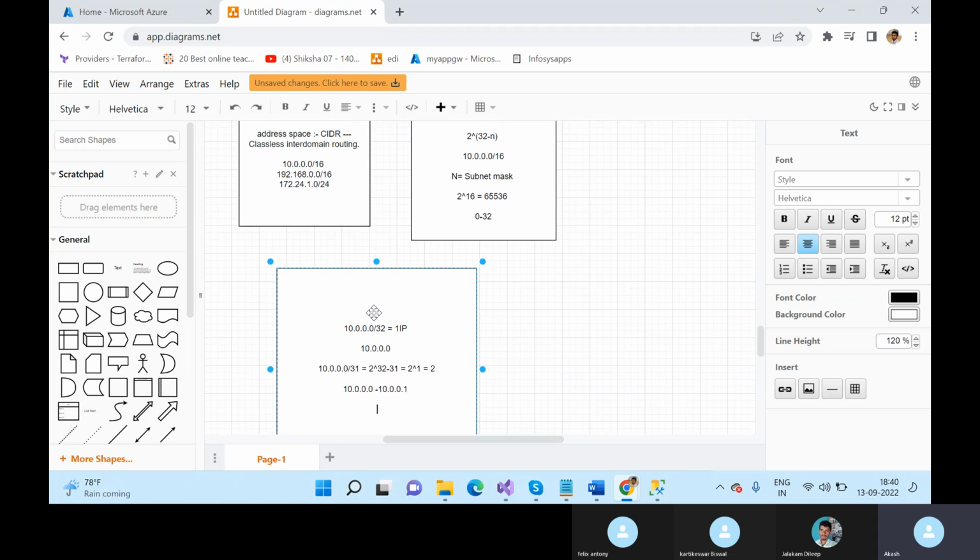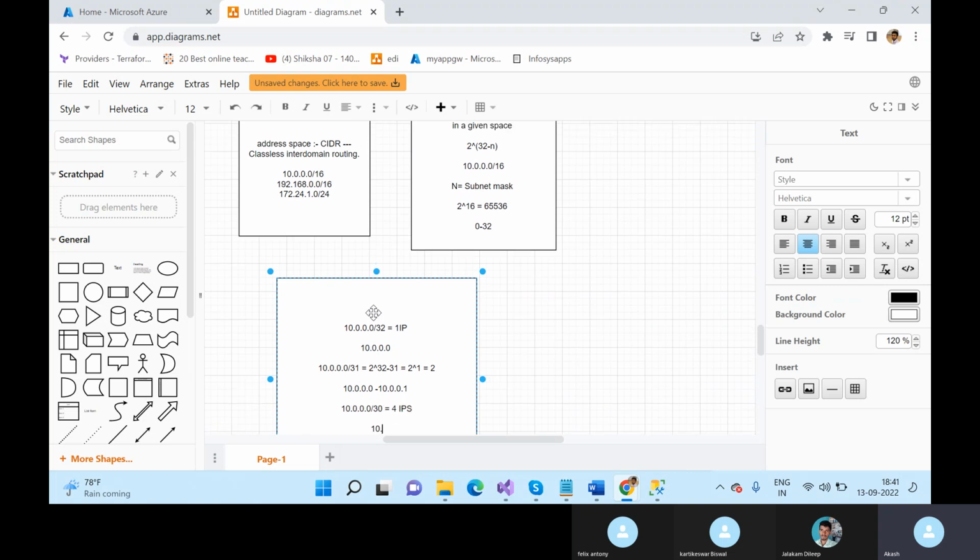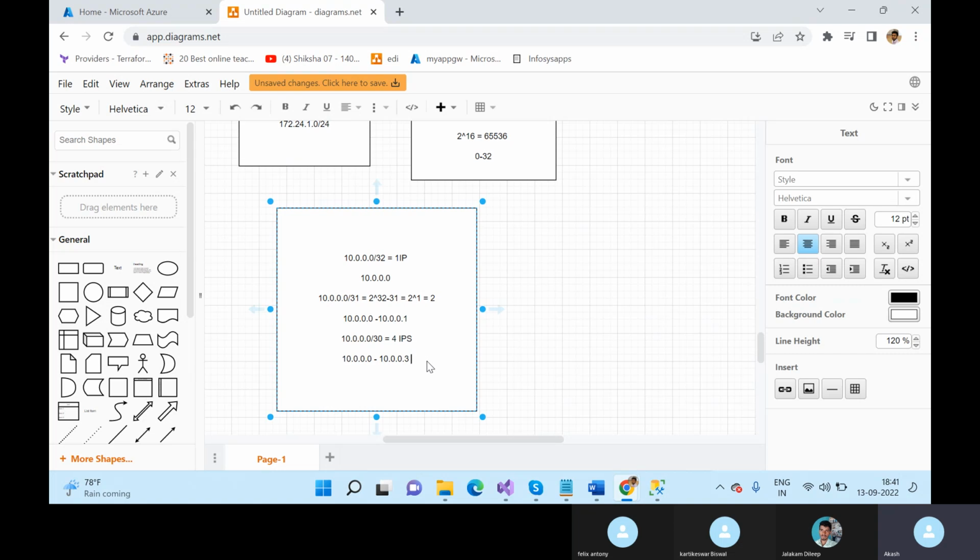These are the two IPs I can have. Next, /30. It is 2 to the power of 2, which is equal to 4 IPs. What are the IPs? 10.0.0.0 to 10.0.0.3. These are the values I will have for /30.